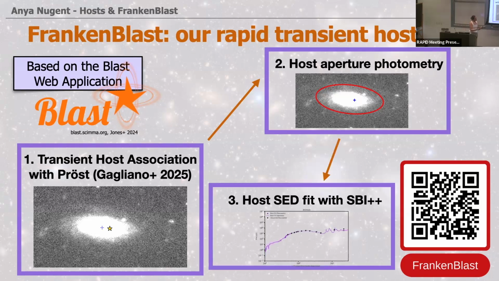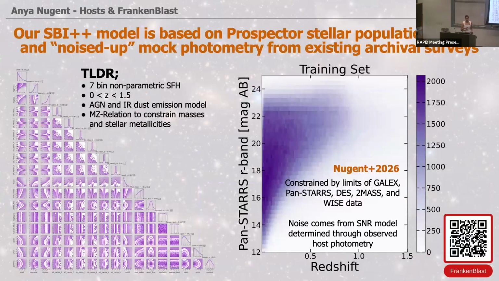And then after that, it uses the photometry and does a host SED fit with SBI++. The best part about all of this is that it does this in 15 minutes per object, which is way faster than Prospector does. And all of this can be run on your laptop. There's no parallel computing needed to run FrankenBlast.